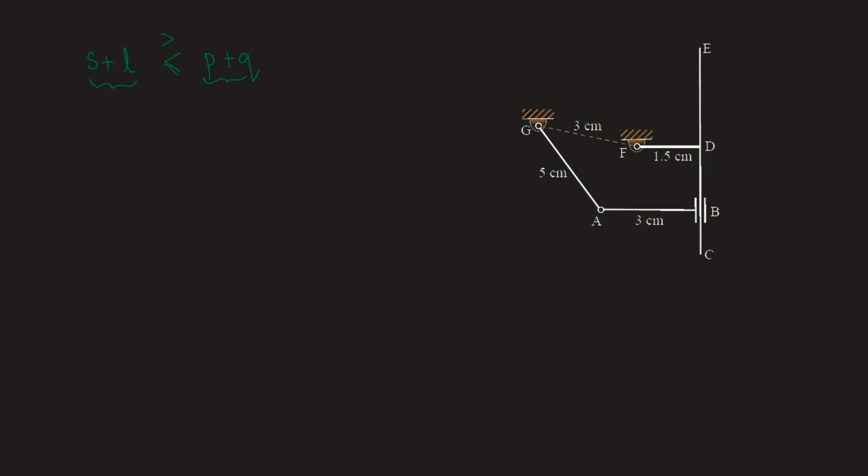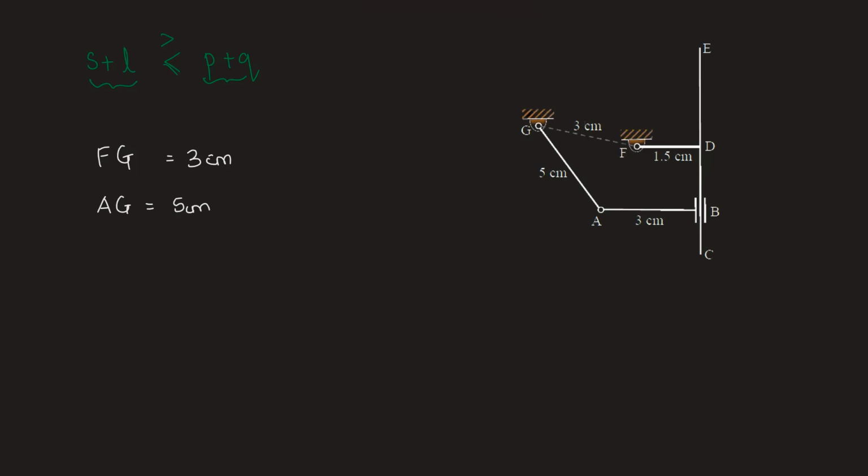So let's find that out. For that, we need to first identify the shortest and longest lengths, and then the remaining ones will be P and Q. For the given mechanism, the length of FG is 3 cm and the length of AG is 5 cm.